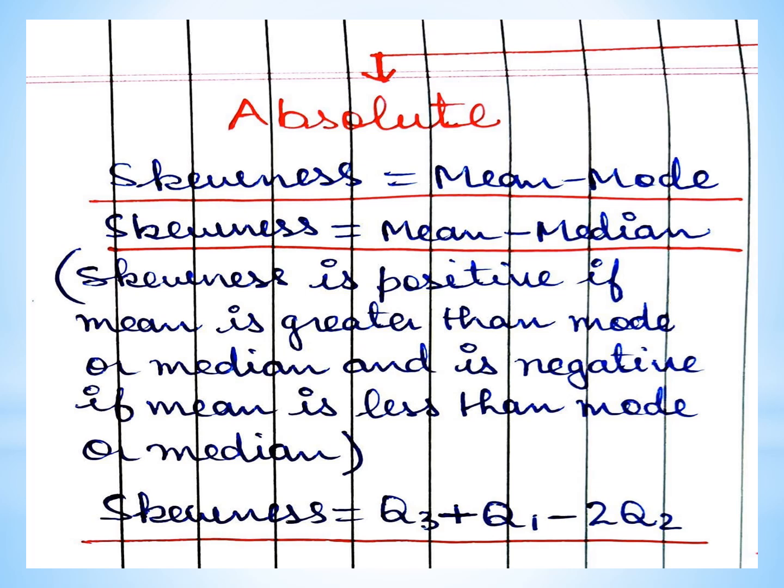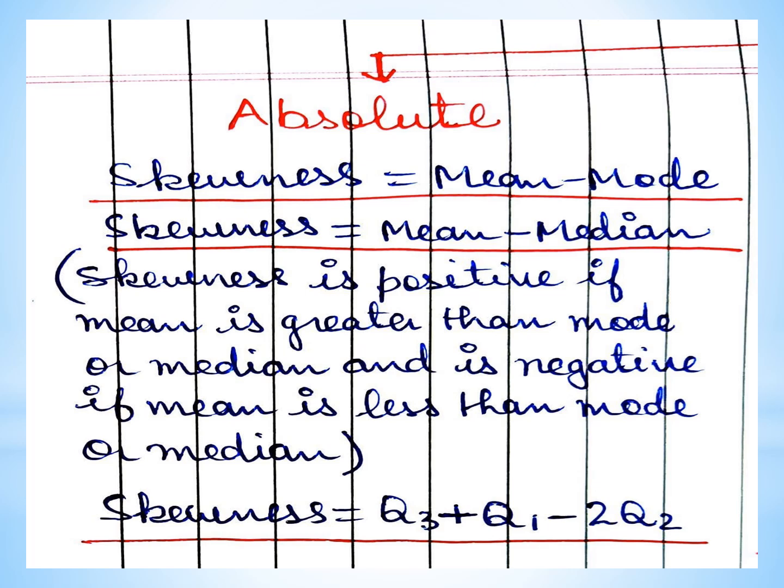Absolute measures of skewness have statistical units. Now come to formulas. Skewness is equal to mean minus mode. Skewness is equal to mean minus median. So these two formulas are used as absolute measure of skewness.